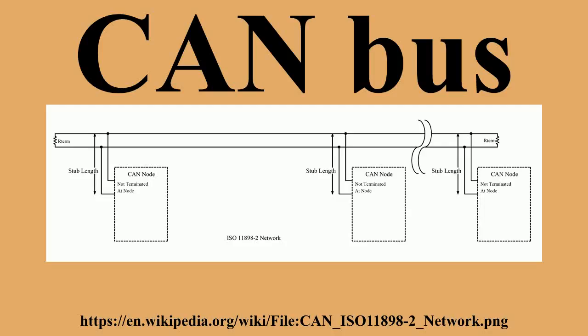The message is transmitted serially onto the bus using a non-return-to-zero format and may be received by all nodes. The devices that are connected by CAN network are typically sensors, actuators, and other control devices. These devices are connected to the bus through a host processor, a CAN controller, and a CAN transceiver.